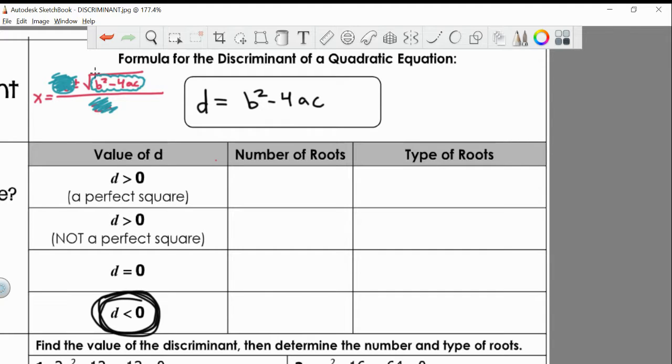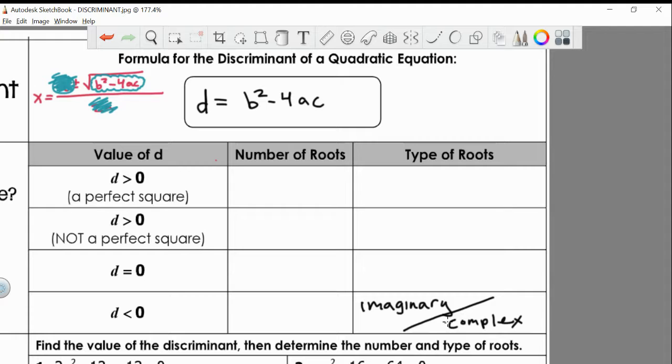If we have the square root of negative 5, what type of answers are we going to have? Real answers or imaginary answers? We're going to have imaginary answers. And remember, it's also kind of complex. Complex numbers is just a number that's partly real and partly imaginary.